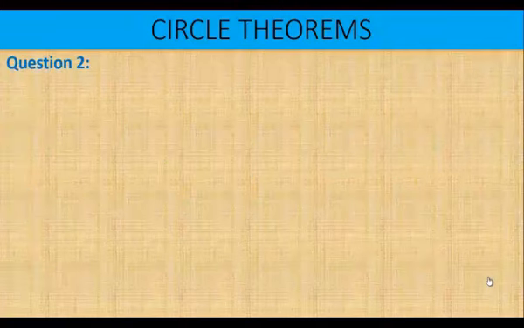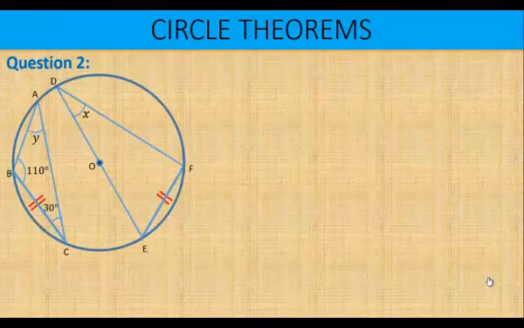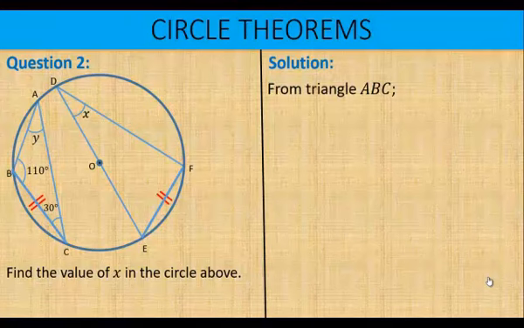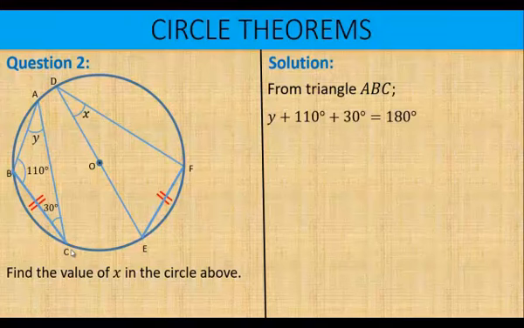Question 2. Find the value of x in the circle above. Let us solve it together. Picking triangle ABC, we know that the sum of interior angles of a triangle is equal to 180 degrees.